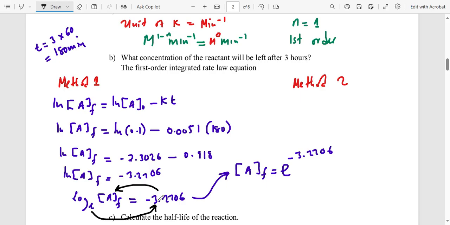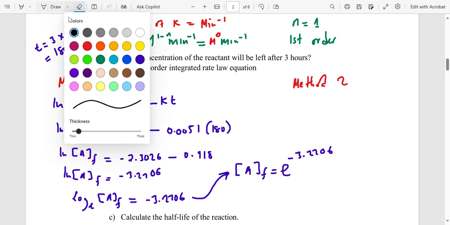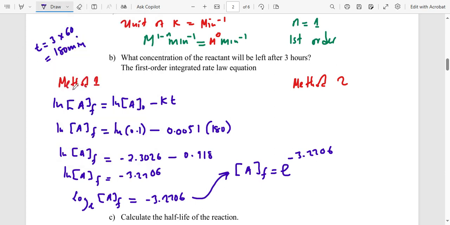So e to the power negative 3.2206 is equal to A final. That is how you convert. Now you just punch that on your calculator. It's going to give you 0.0398 molar.